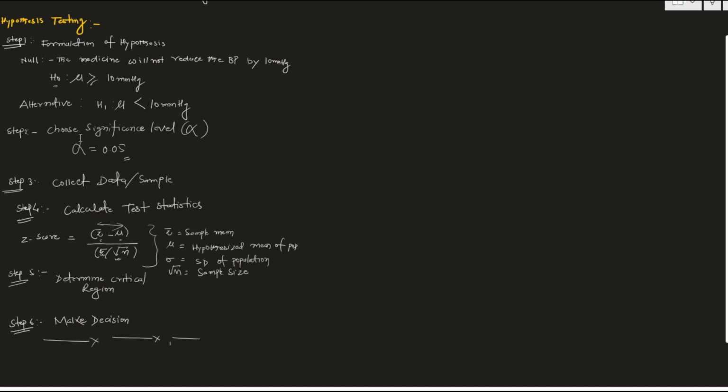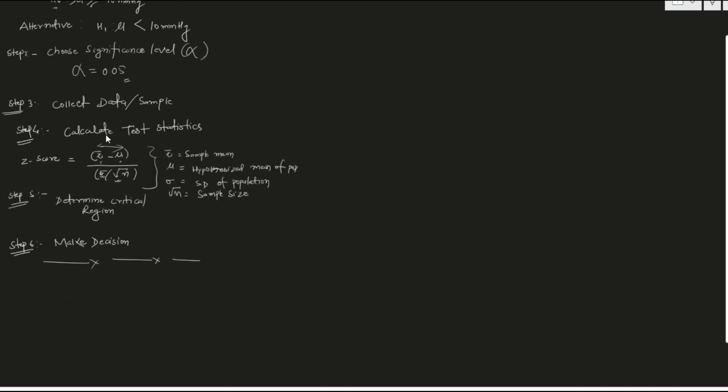Step two is to choose the significance level. Step three, collect the data and sample. Step four is calculating the statistics, where we are trying to find the z-score. Step five is determining the critical region, and step six is making the decision. Sorry, I just forgot to tell you about determining the critical region.